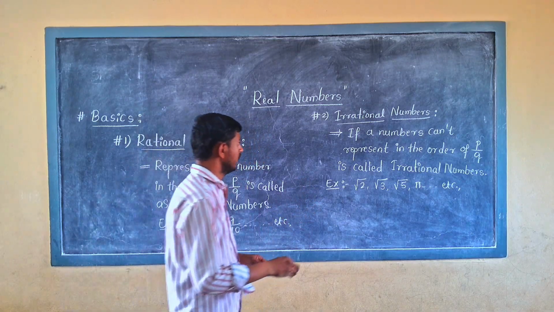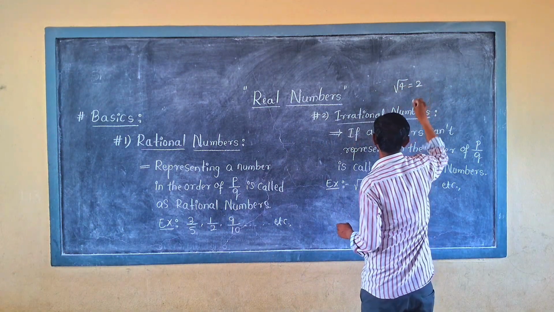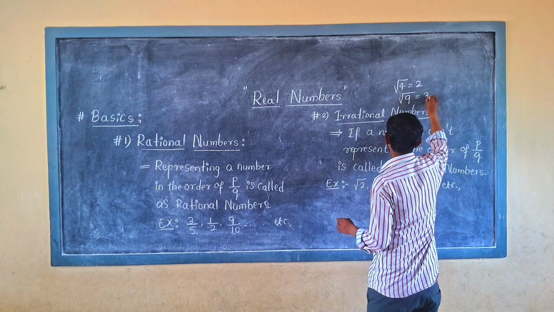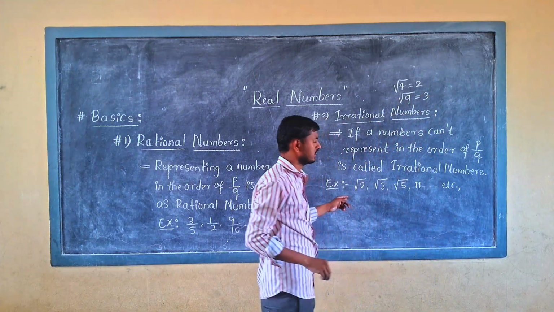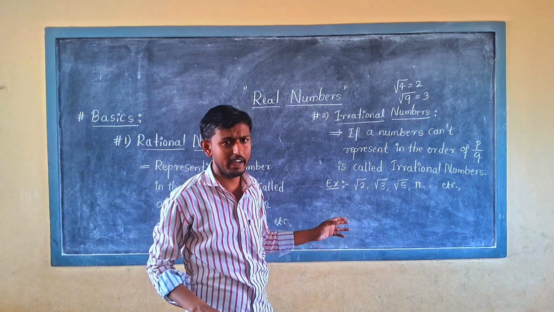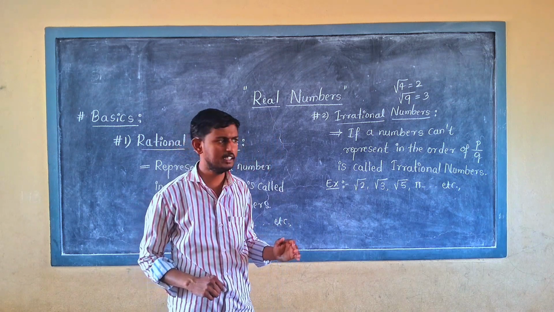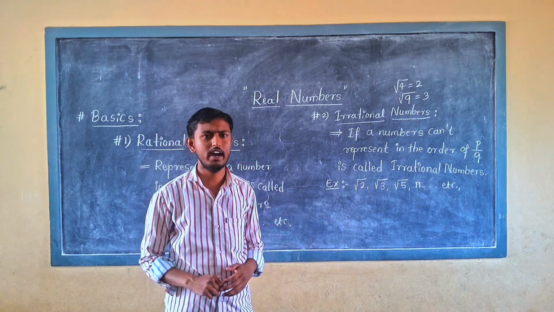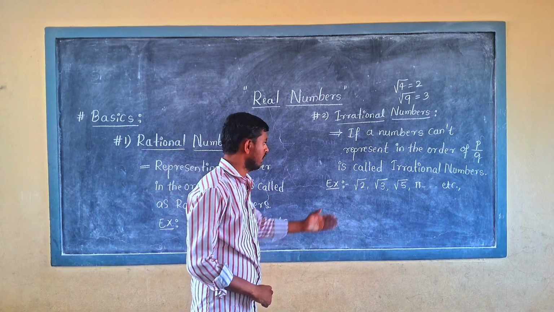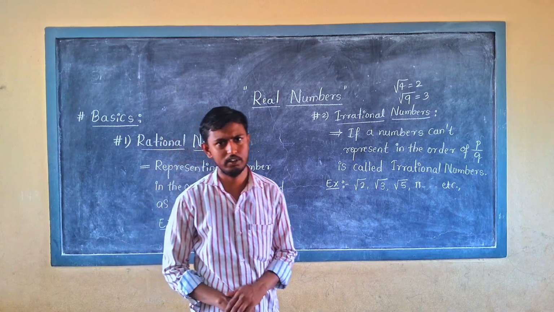For example, root 4 has a root of 2, root 9 has a root of 3, but these other numbers have infinite decimal roots. That's why pi and root 2 and others are called irrational numbers.